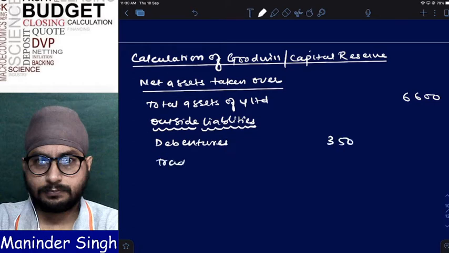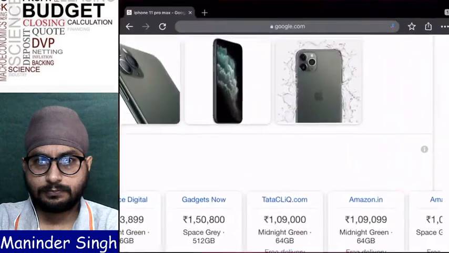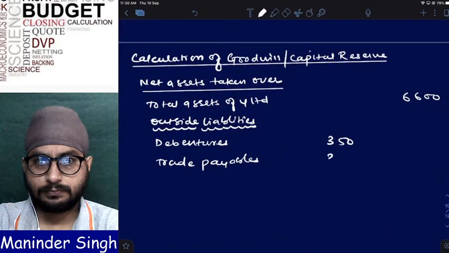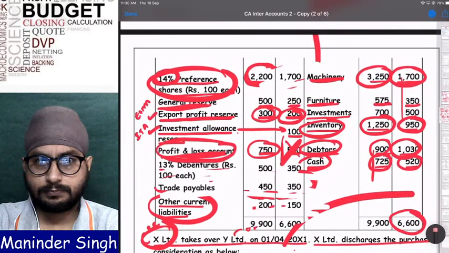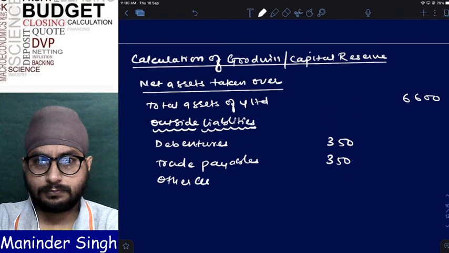Next, trade payables. How much are the trade payables? 350. And other current liabilities, 150. Can you tell me the total outside liabilities? 850, right?